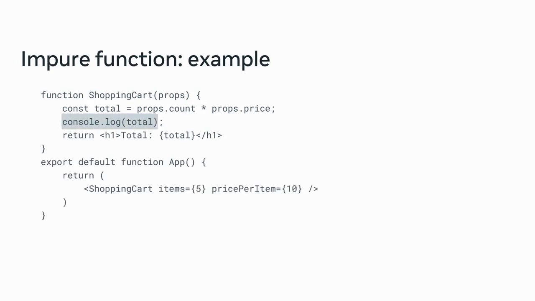It is an impure function because of the line that reads console log total. The console log call makes the function impure as it's a call to a browser application programming interface, or API. The shopping cart function now depends on something outside of itself, and even outside of the React app to work properly. So how should you deal with the issue of impure functions in React?